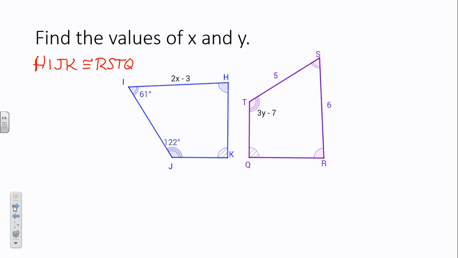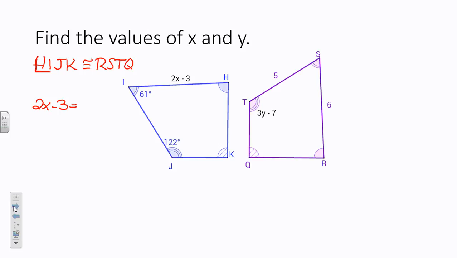So we're trying to find x and we're trying to find y. Does everyone see that 2x minus 3 is segment HI? So which segment is equivalent to HI? So we want to set 2x minus 3 equal to which one?